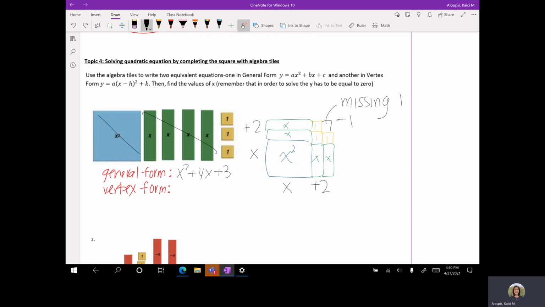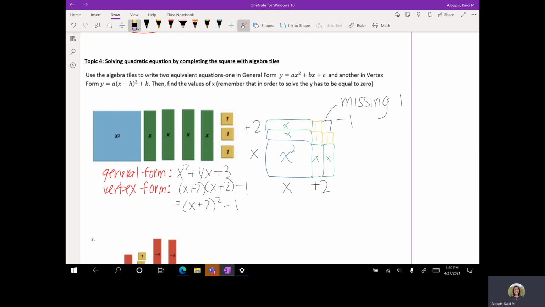So I'm going to write x plus 2 multiplied by x plus 2. And I'm also going to say subtract 1 because we were missing that 1 right there. Remember, if it's the same thing in the parentheses, we can write it as x plus 2 squared because it's a perfect square. And this is minus 1. So that's how we write it in vertex form.